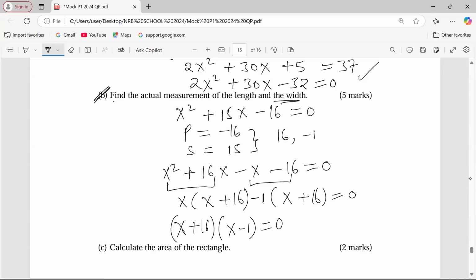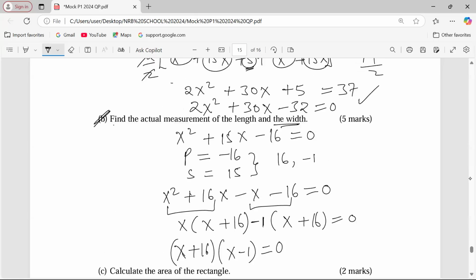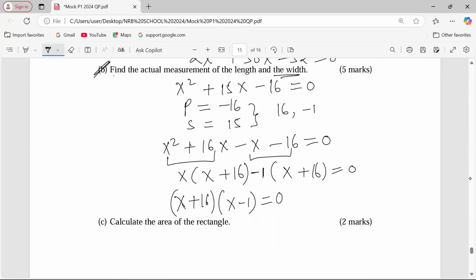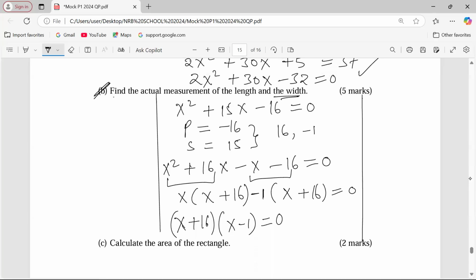So x plus 16 equals to 0, meaning that x can be negative 16. And x minus 1 equals to 0, meaning that x can be positive 1.